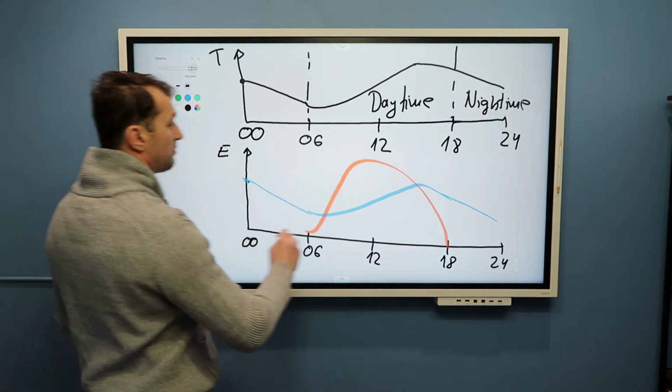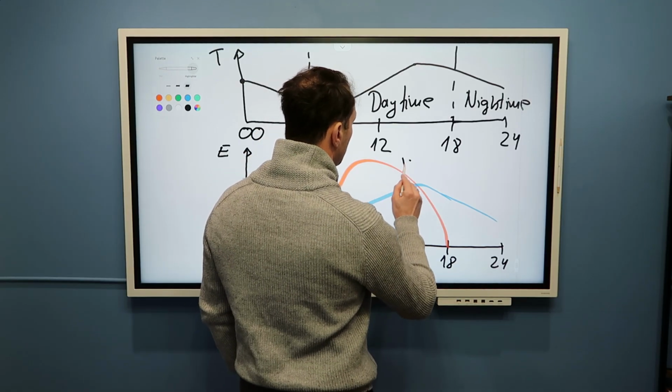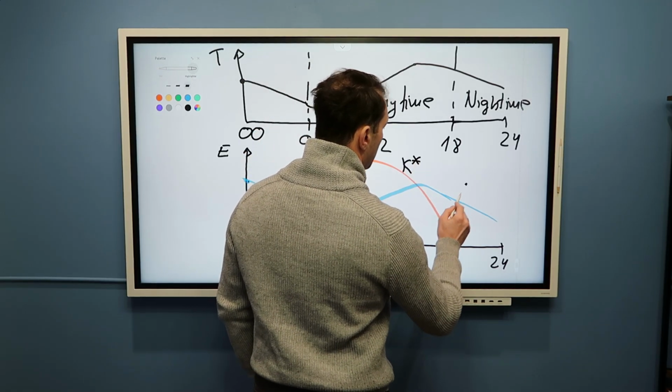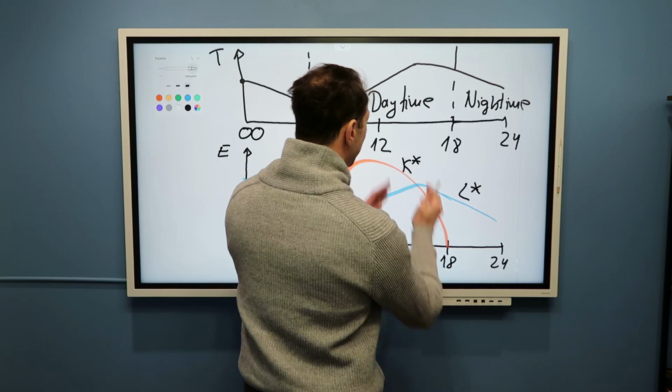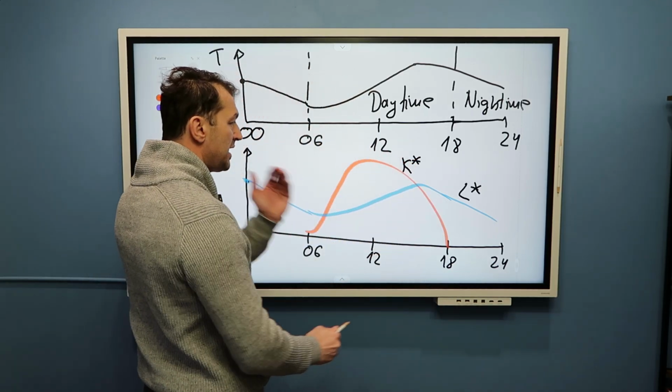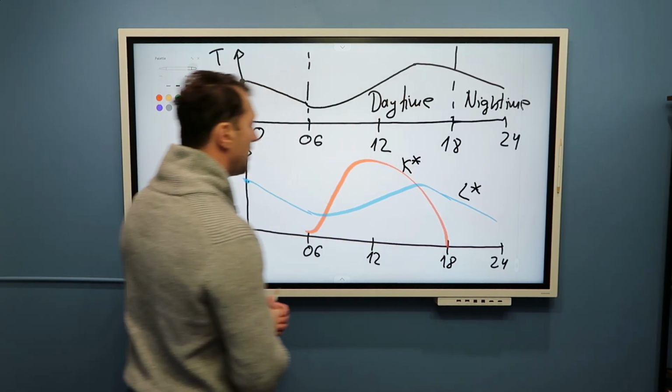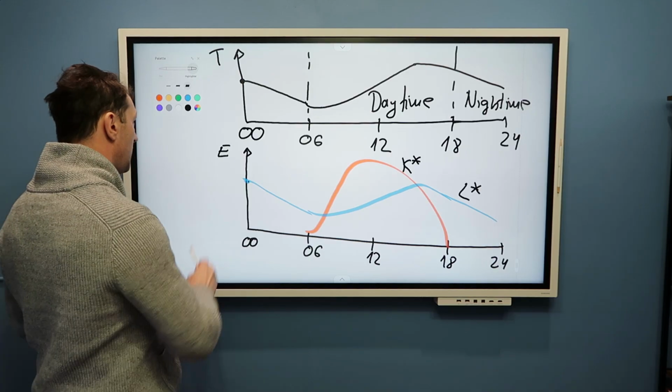And just to refresh your memory, the red curve we called K star, and the blue curve we called L star. Net shortwave radiation and net long-wave radiation respectively.